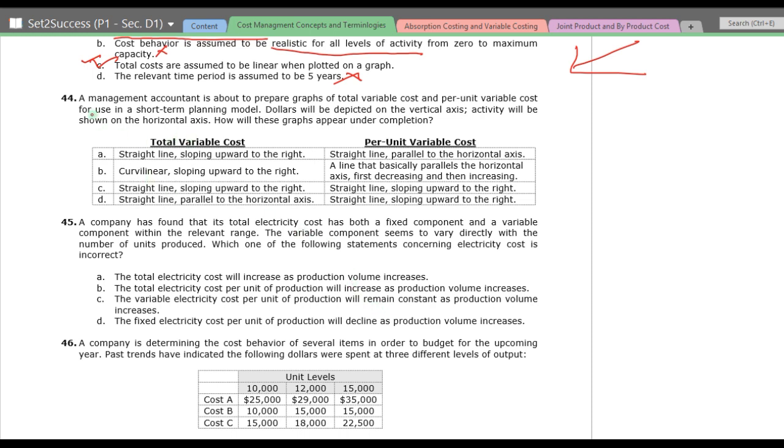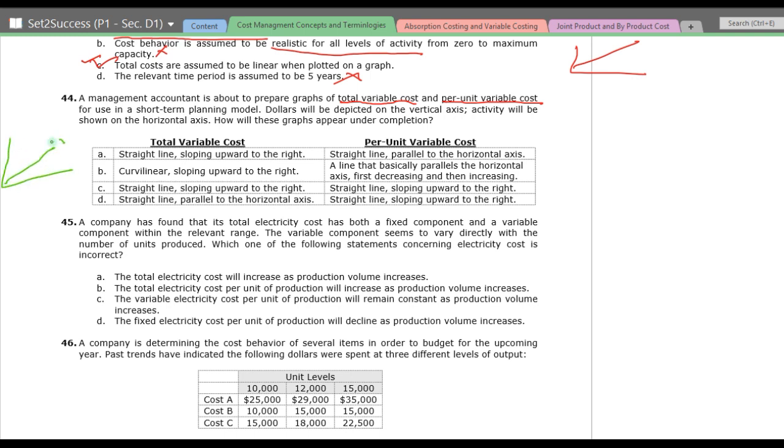Next, a management accountant is about to prepare graphs of total variable cost and per unit variable cost. Total variable cost is somewhat like this.